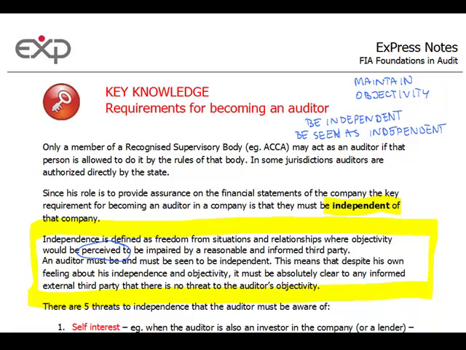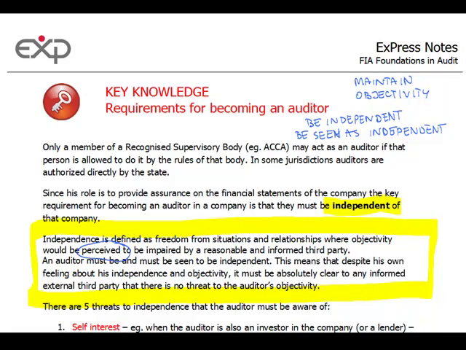Now this is important. It's not only about the fact that I feel comfortable with my sister preparing the financial statements that I will audit. I am sure this will not impair my objectivity.